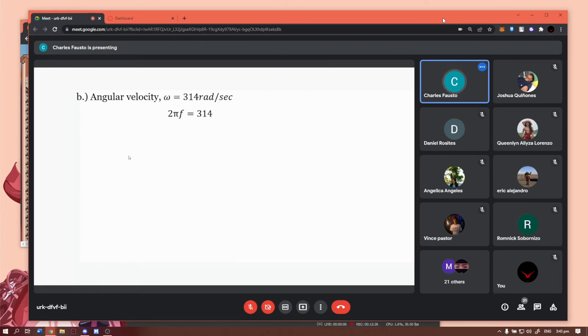So manipulate lang natin. Divide both sides by 2 pi, no? And then maka-cancel out sa f. So 314 over 2 pi is equivalent to 50 hertz, no? So meron nakuha na natin yung letter B, the frequency, and the letter C.